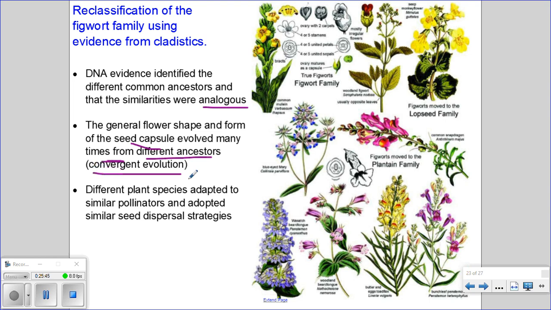So they had very similar selective pressures, and so these plants with different ancestors all developed flowers that had a similar shape because of these similar selective pressures. And this was due to the fact that they were all competing for similar pollinators and all adopted similar seed dispersal strategies.